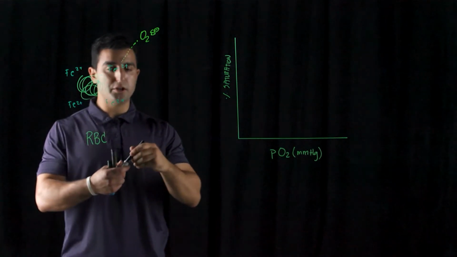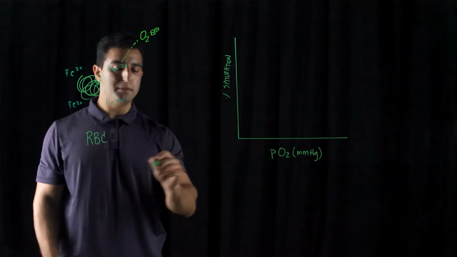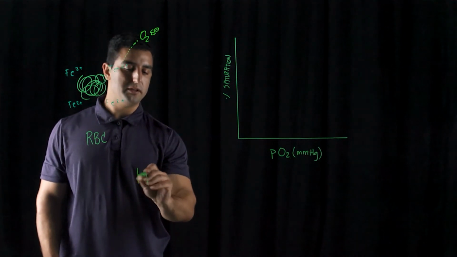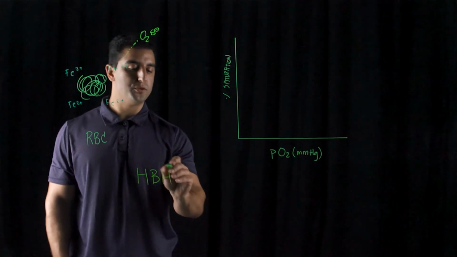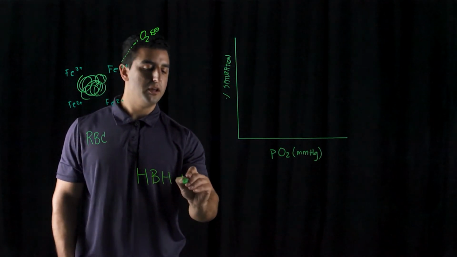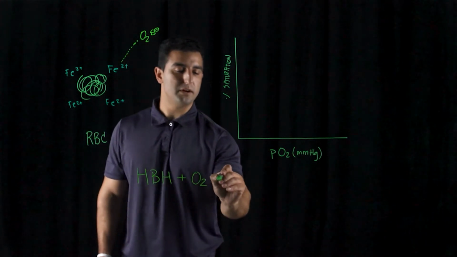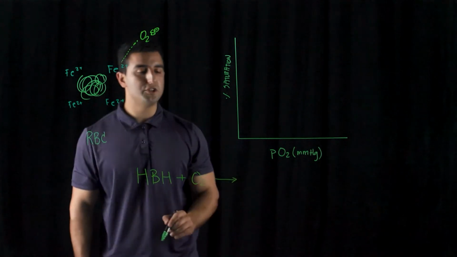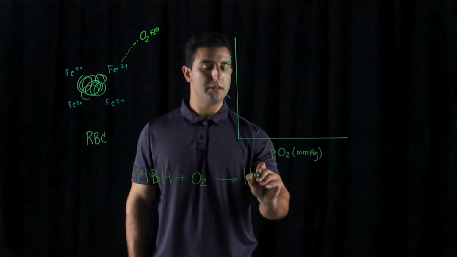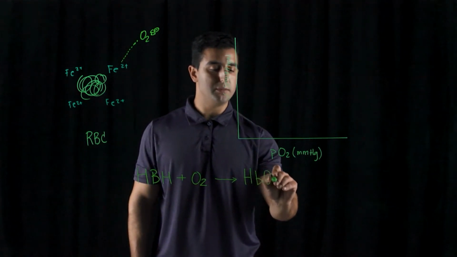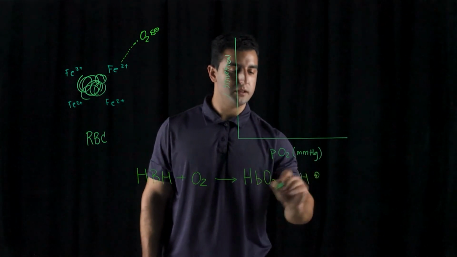So if I were to make a little equation here that represents the oxygenation or reduction of hemoglobin: hemoglobin comes in its reduced form, meaning it has the hydrogen, goes in the alveoli, and there's an abundance of oxygen. This abundance of oxygen causes this oxidation to take place. So now hemoglobin becomes oxyhemoglobin, and you have this hydrogen group present here.